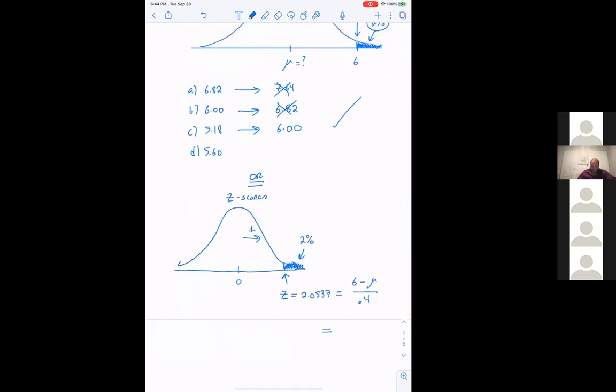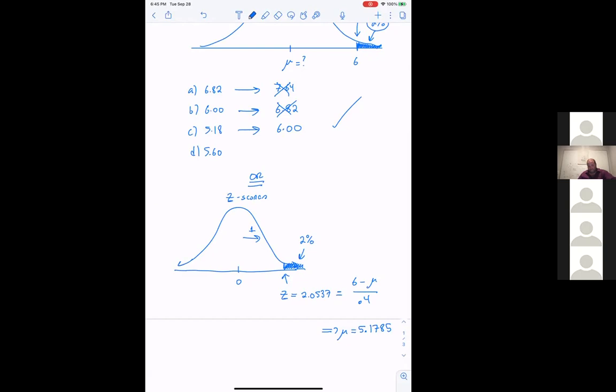If I solve this for mu, what do I get? Mu equals what? First you cross multiply, 2.0537 times 0.4 equals 6 minus mu. So mu is equal to 6 minus that number. I get 5.1785. Would it be negative?